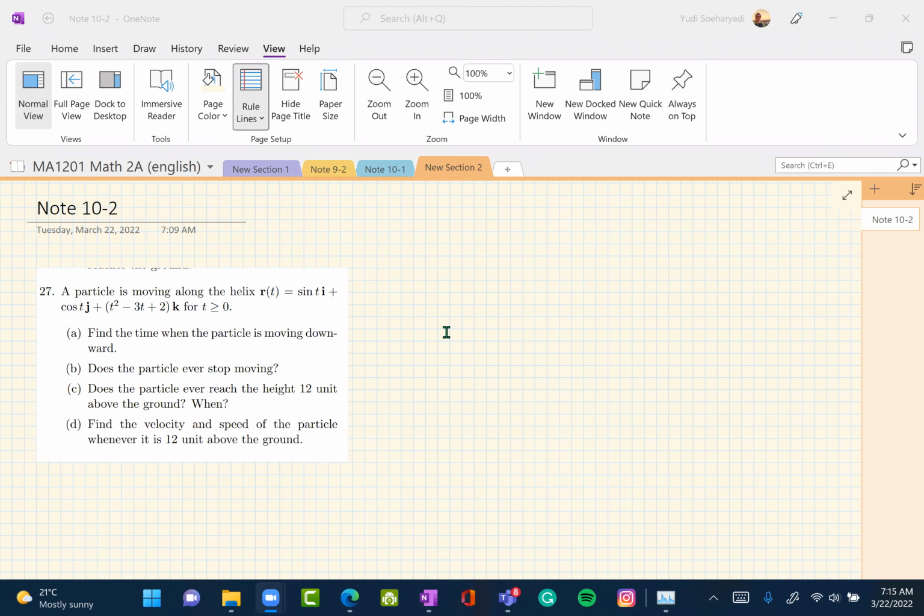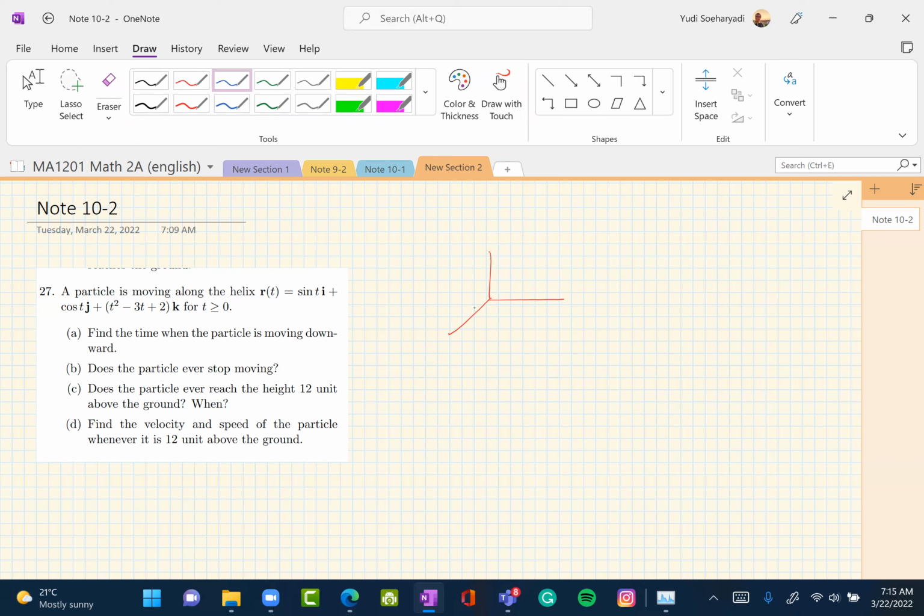You see that the i and j components look like a circle, so sine and cosine, but the k component is a polynomial. So this is a helix, meaning something that looks like this one.